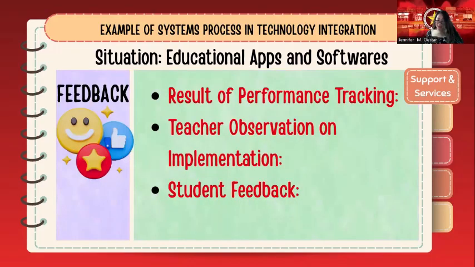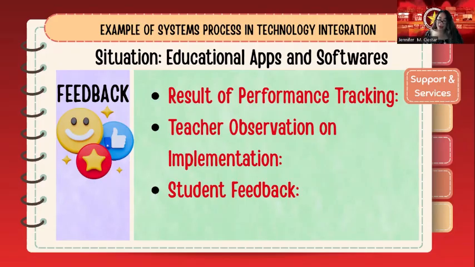For the feedback, we can use performance tracking, monitoring students' performance within the apps and the software, which would give us another input of the things that we need to prioritize, improve, and maintain.